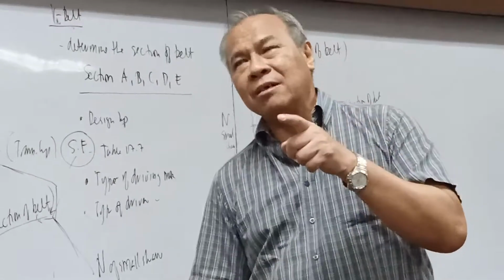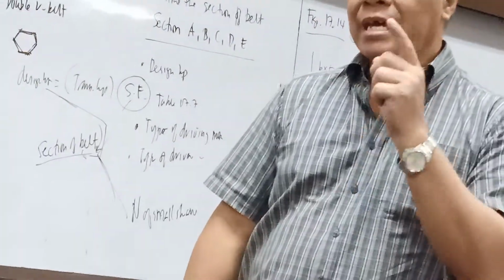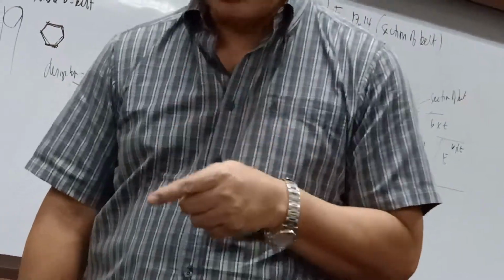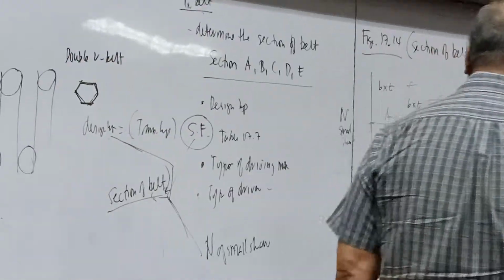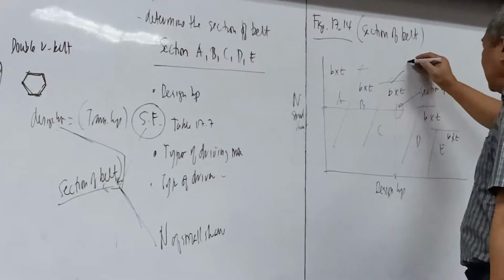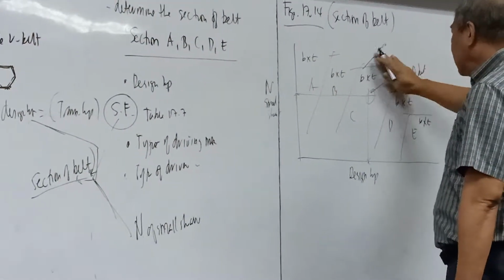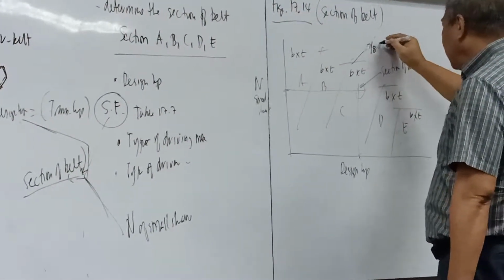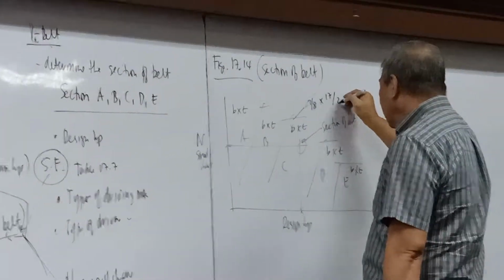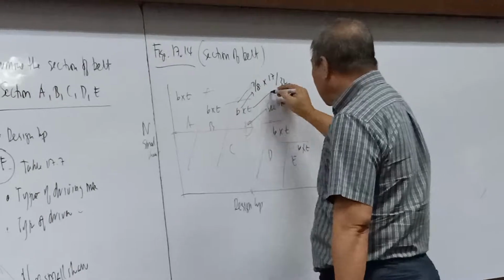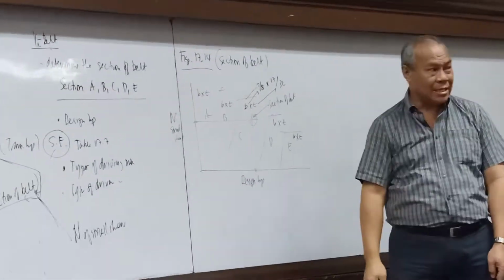The first number corresponds to the width, and the second number corresponds to the thickness of the belt. Okay? So, palagay natin section C. Ang nakalagay sa kanya ay 7/8 by 17/32. So, ibig sabihin, ito yung width, ito yung thickness ng belt natin.